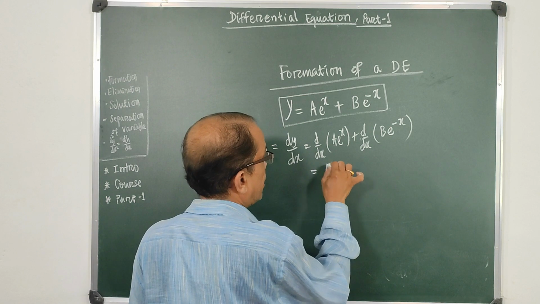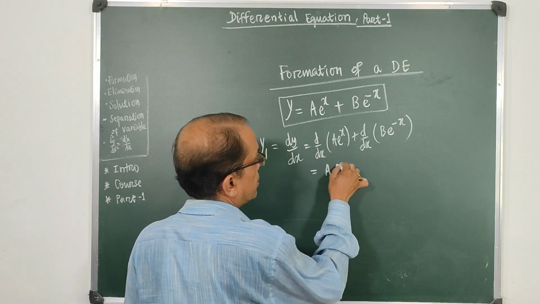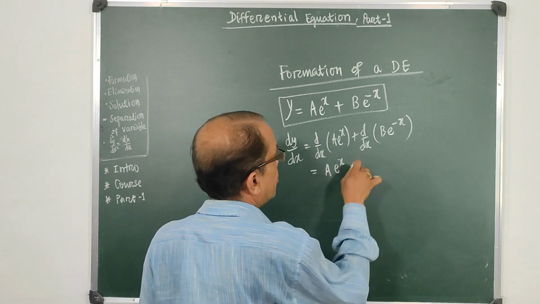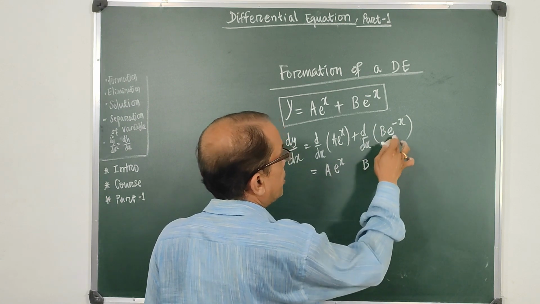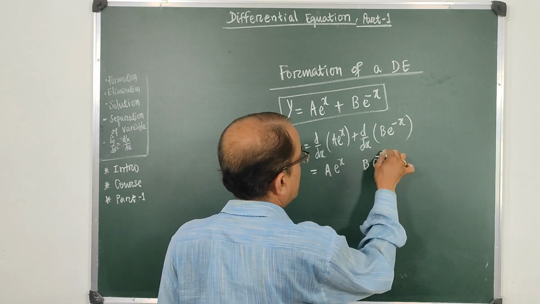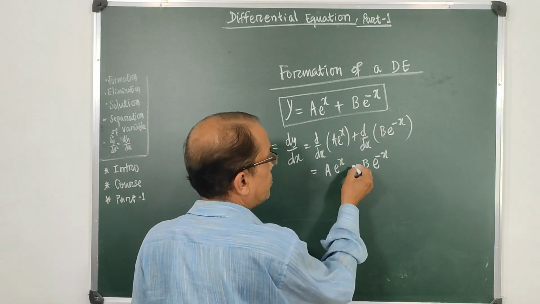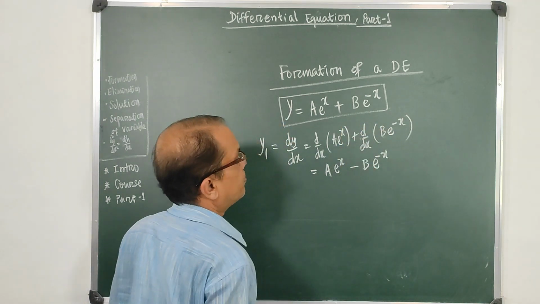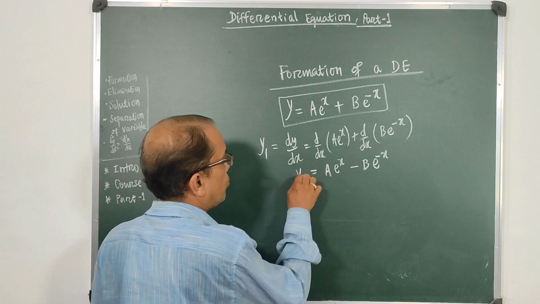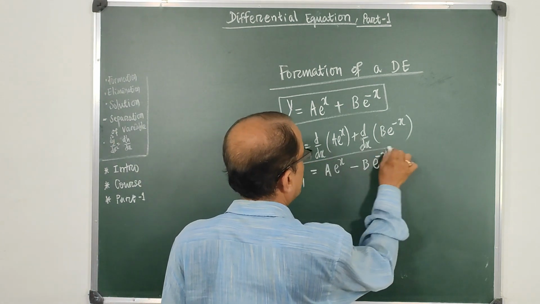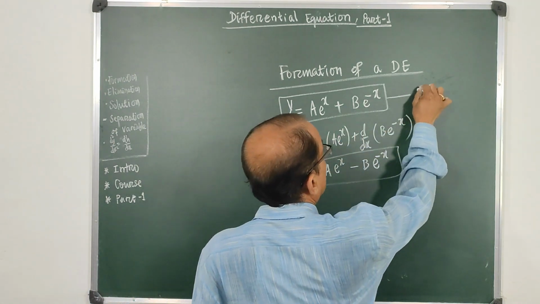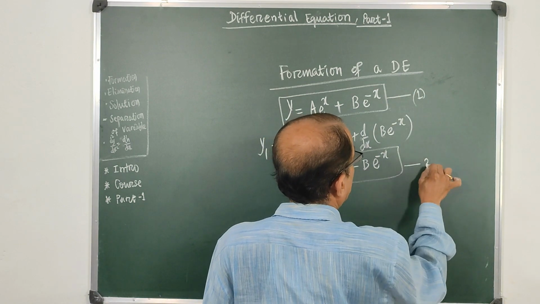So here the constant a, and the derivative of e to the power x is e to the power x, and here the constant is b, e to the power minus x stays e to the power minus x, but the differentiation of minus x yields minus 1, so here minus 1. So we get y1 is equal to this much. If this is equation 1, then this becomes equation 2.